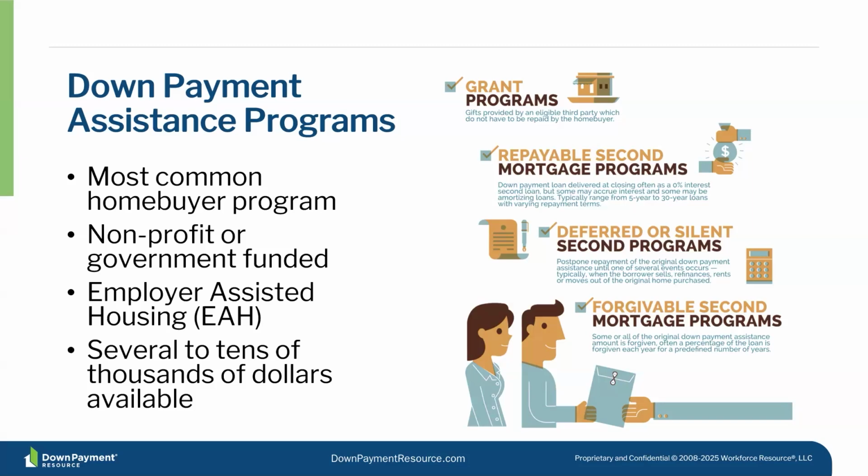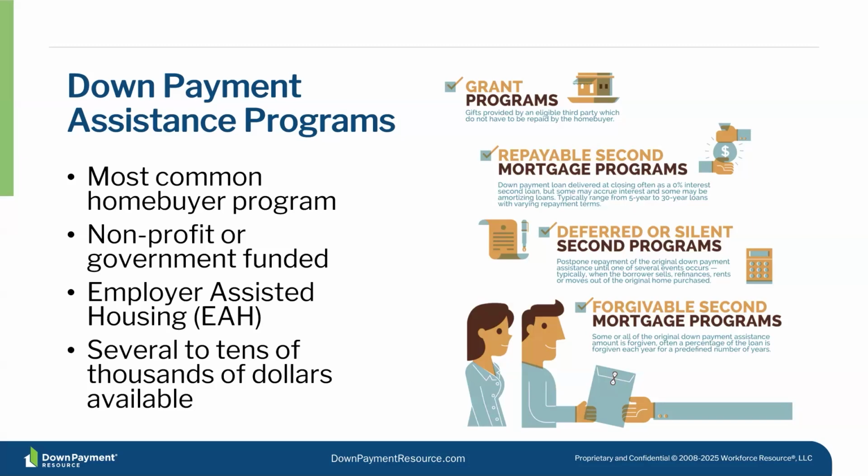So, grants are gifts that do not have to be paid back at any point. They're just a gift at closing. These are going to be really easy ones to work with. Then there are repayable seconds. These funds are provided at closing and they may or may not accrue interest. The loan could range anywhere from 5 to 30 years, and they do have varying repayment terms.